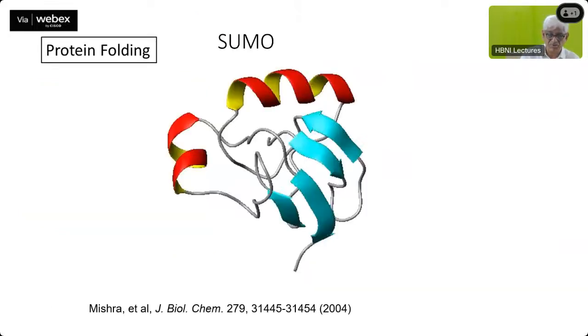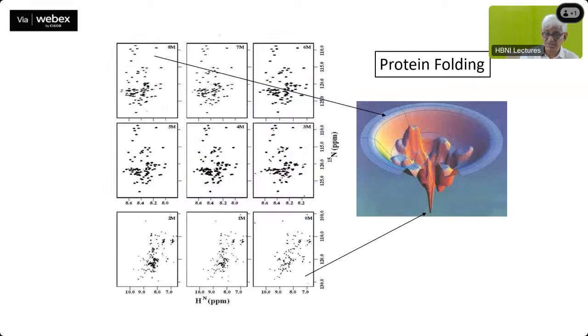This is the protein which has sheets and helices, and lots of loops are there. Now what you do is, you want to go from here to here. So you completely denature the protein first in 8 molar urea, and slowly start decreasing the urea concentration: 8 molar, 7 molar, 6 molar, 5 molar, 4 molar, 3 molar, 2 molar, 1 molar, 0 molar.